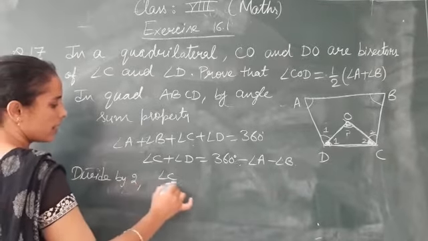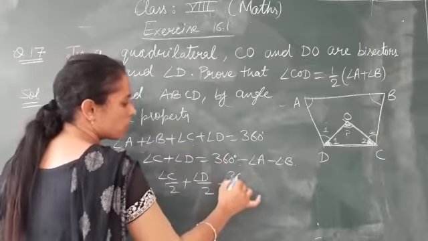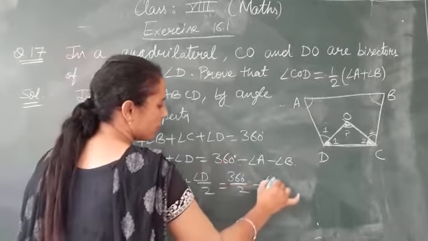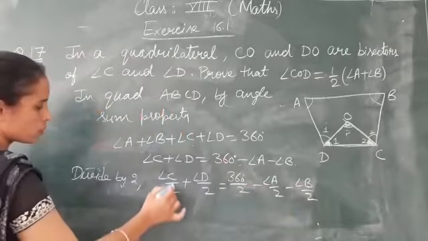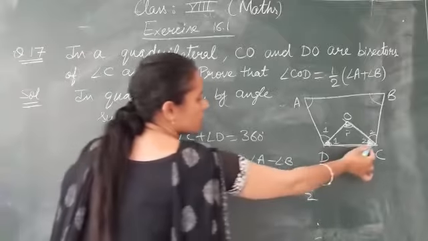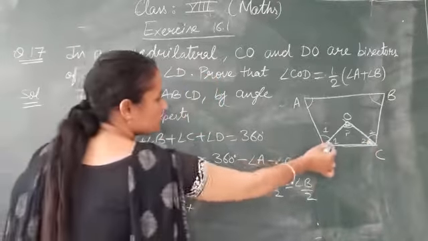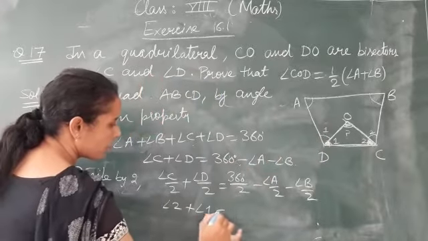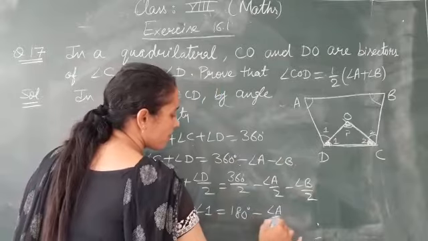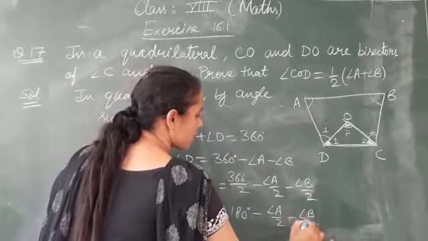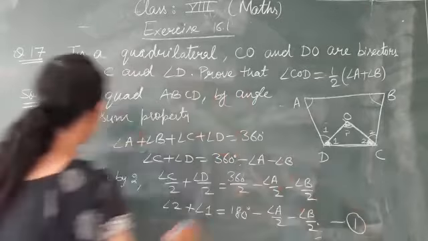We will get half of angle C, half of angle D. You will divide both the sides by 2, each and every part by 2. So this will become half of angle C, which is 2, half of angle D, which is 1, equals 180 minus half of angle A minus half of angle B as it is. Mark this as equation 1.